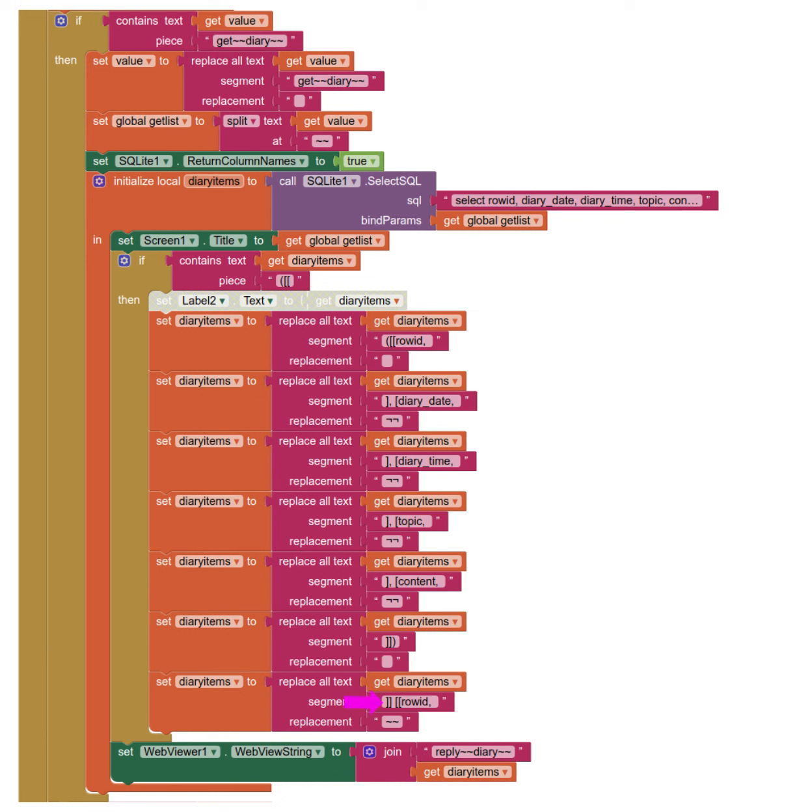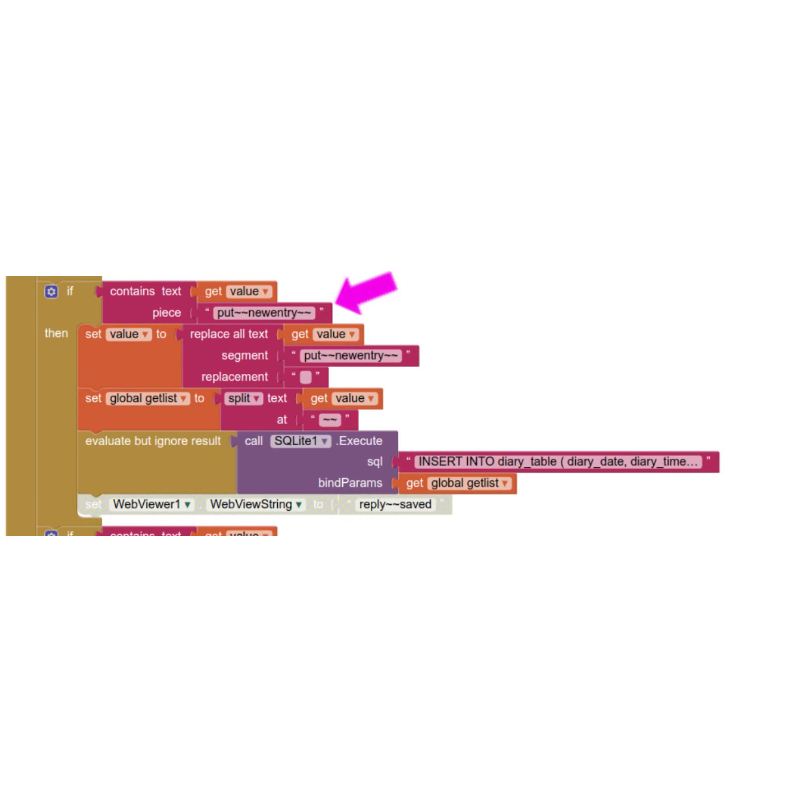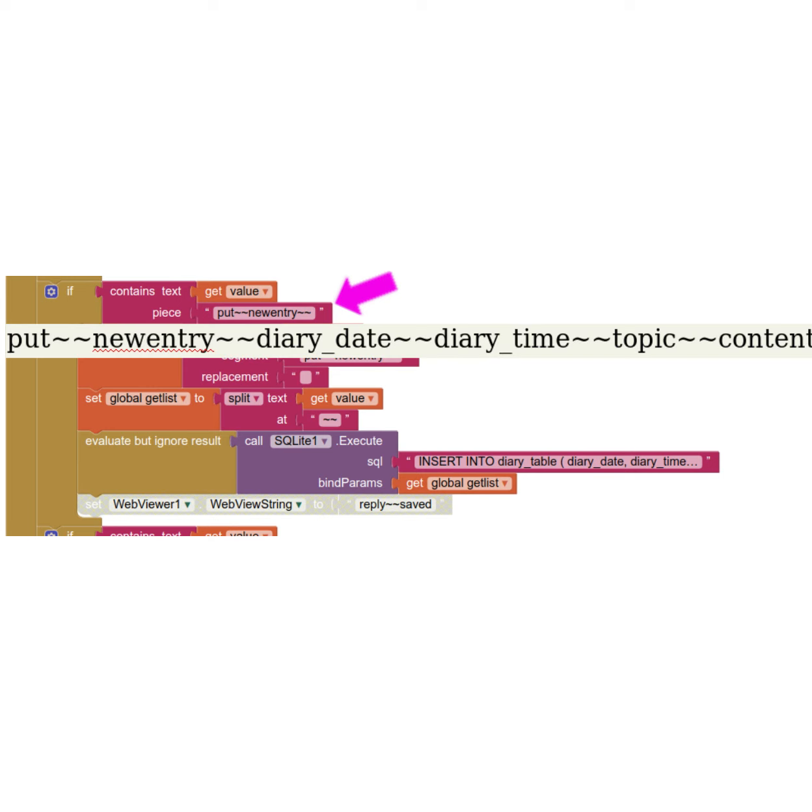This will construct the message string that the server returns to the web viewer in a format that is easy to split in JavaScript. A new entry for the diary arrives at the server with put double tilde new entry double tilde at the start.